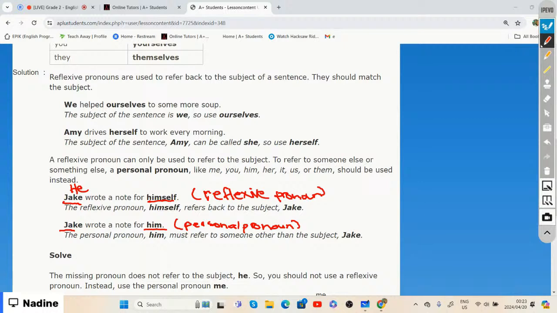And when we use any of those words, it needs to refer back to the subject that it refers to. Do we also understand what a personal pronoun is? Remember, a reflexive pronoun is like you're referring to yourself, but a personal pronoun refers to someone else.